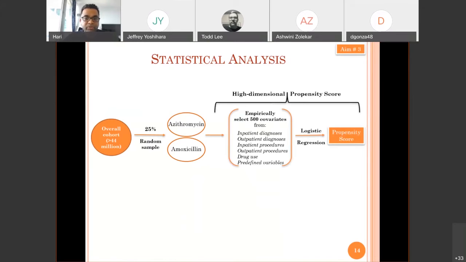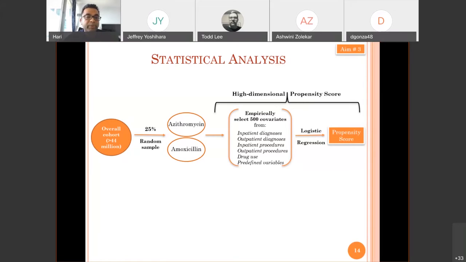And there's a big issue with confounding by indication here, especially since the severity of infection is likely to be associated with cardiac events. So we rely on a more robust method. And again, the way this is done is that it empirically looks at 500 covariates in the baseline period. So this could include inpatient diagnoses, outpatient diagnoses, procedures from both inpatient and outpatient, and any drug use.